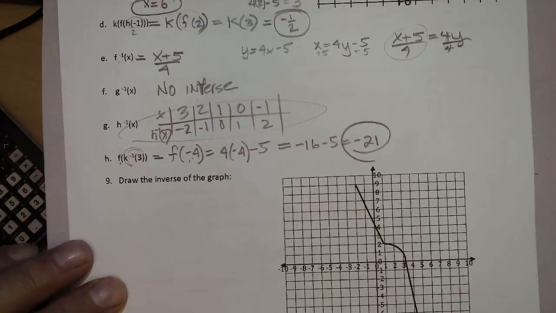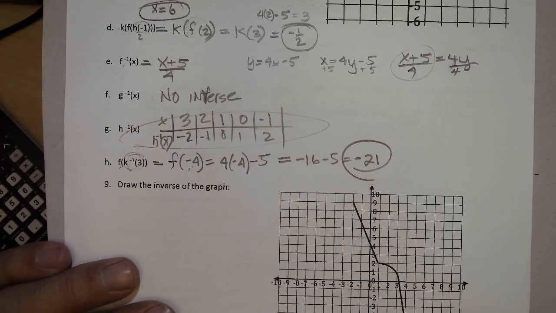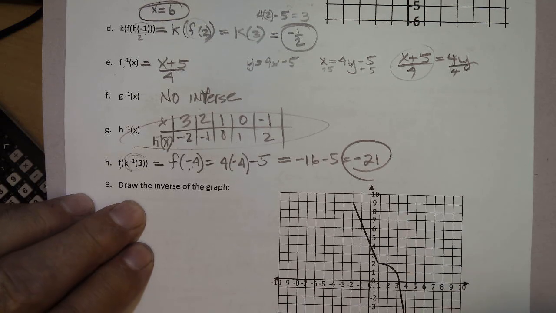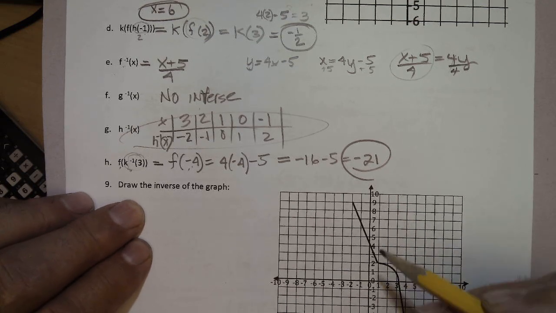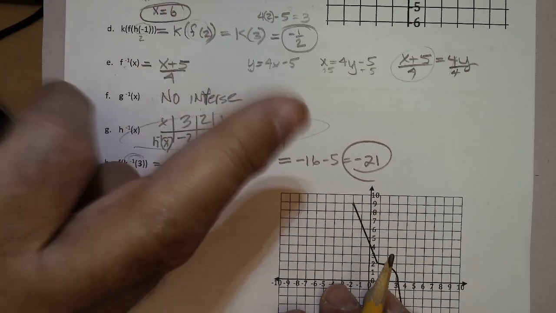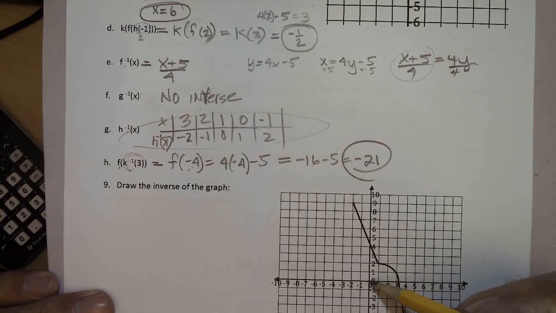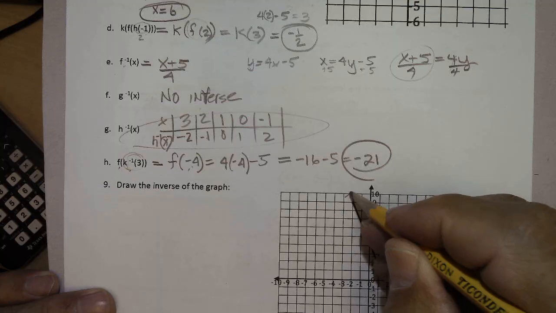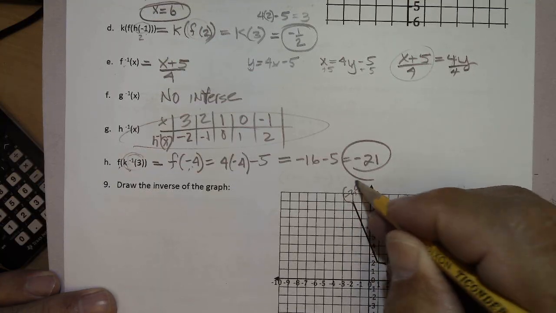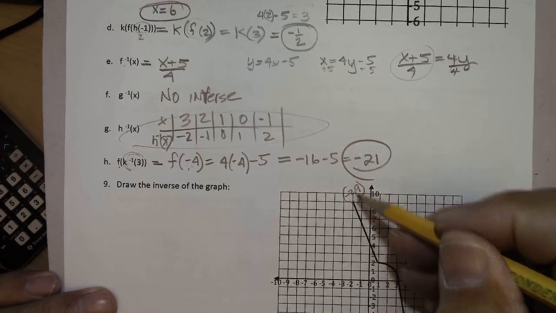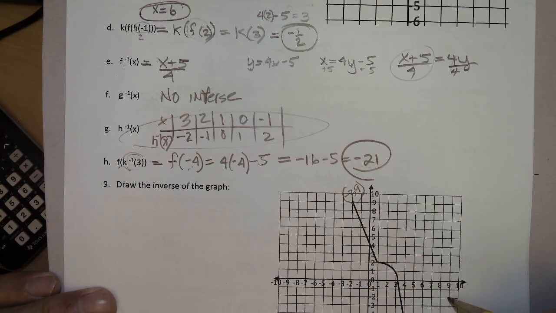Okay. This one wasn't a great one for the test because it kind of lands on top of itself in a bunch of places. But just like we were doing here, we're reversing roles. So this point, -2, 9, goes to 9, -2. This point gets moved over to here when we do the inverse.